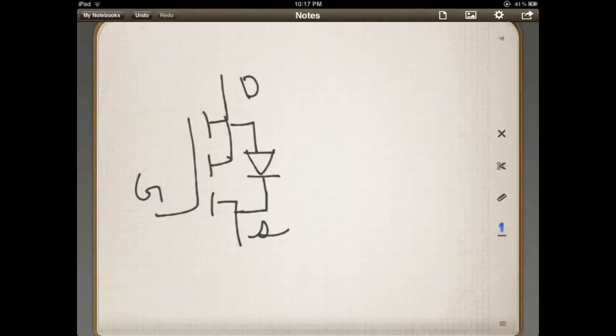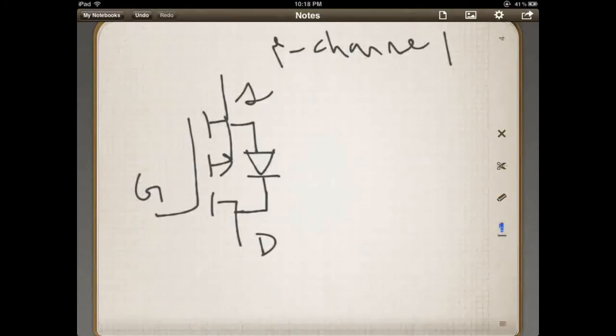So this is a P channel. Now P channels, oh, I'm sorry, I just labeled that completely wrong. It's upside down compared to the N channel. So this is actually the drain, and this is actually the source.